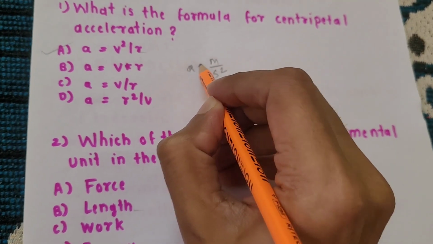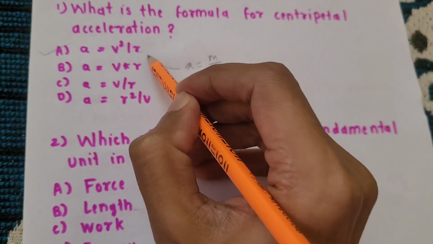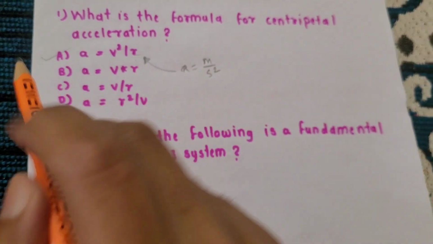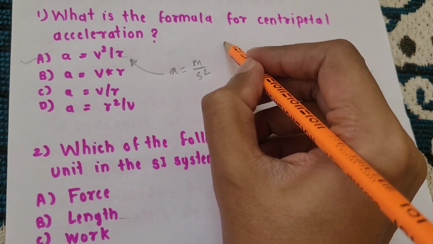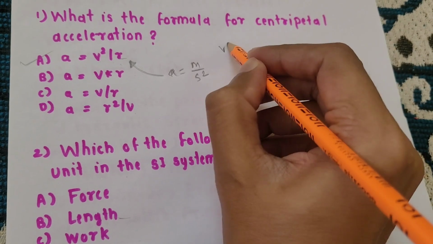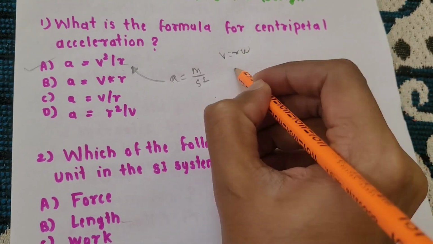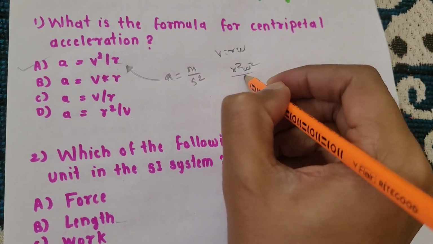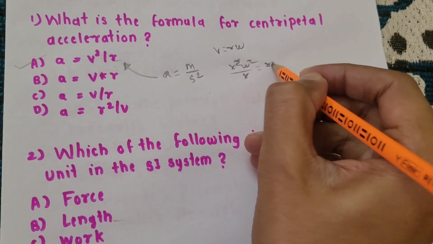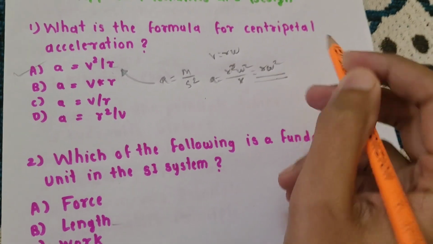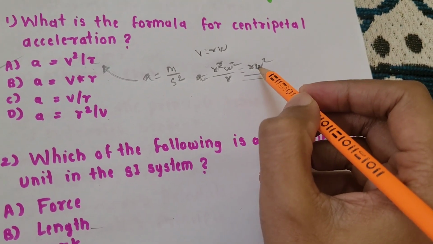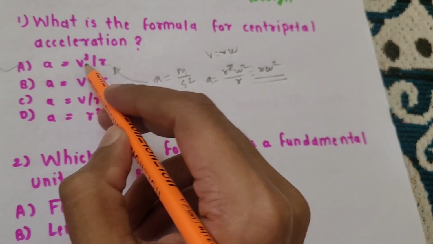Only one option matches, which is v square by r. Or if you put v equal to r omega, you will get r square omega square by r, so you will get r omega square, which is acceleration. So there are two formulas for centripetal acceleration: either r omega square or v square by r.